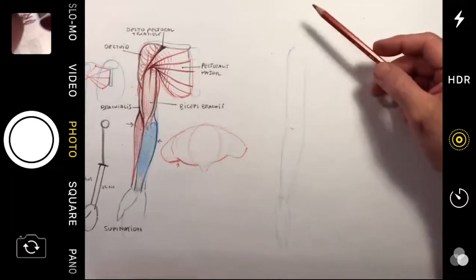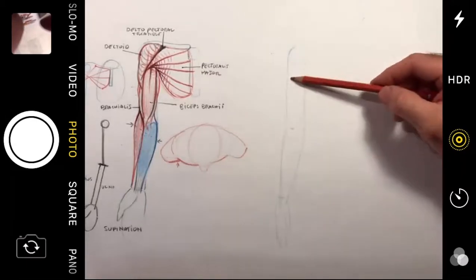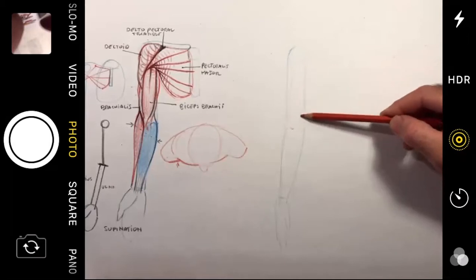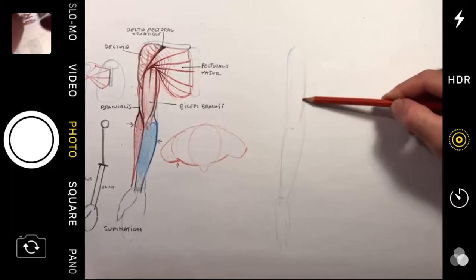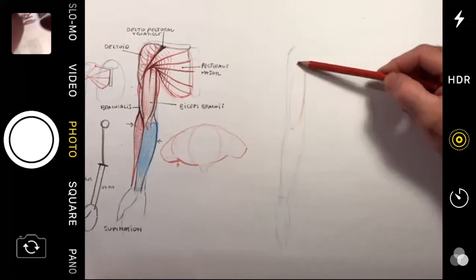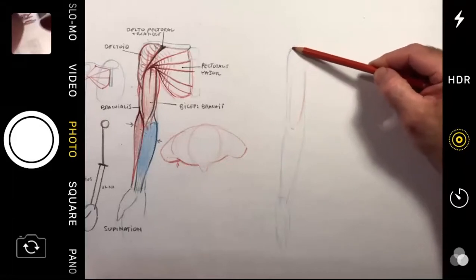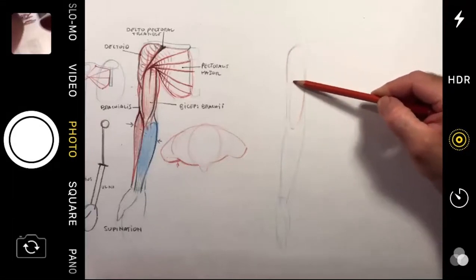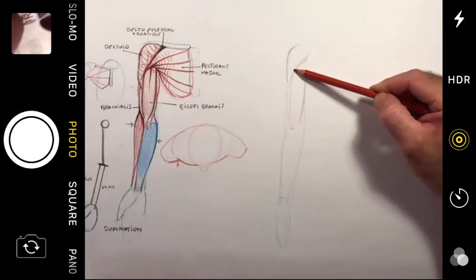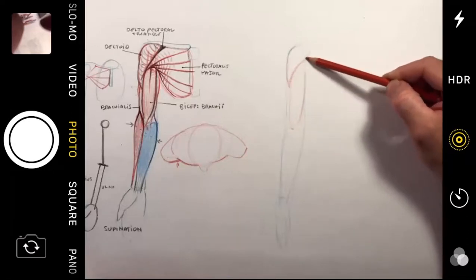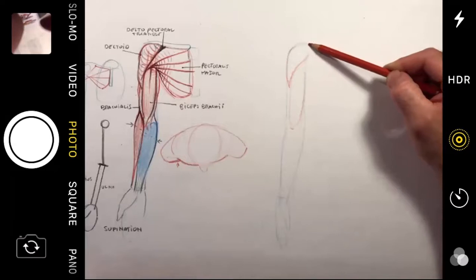So now, let's block in the bicep, right? Again, slide at an angle. And then let's block in the deltoid here, right? Going over the head, the humerus here, that's the clavicle.